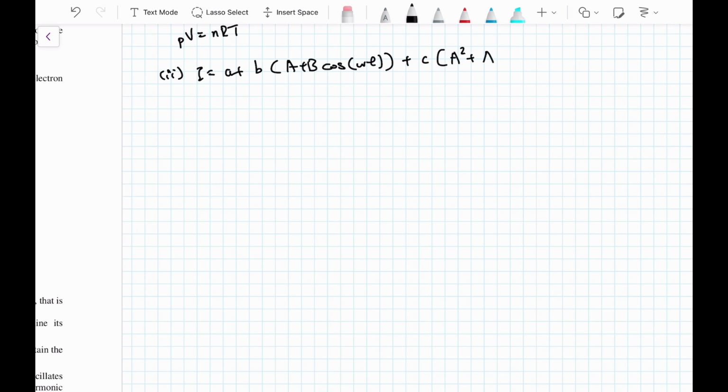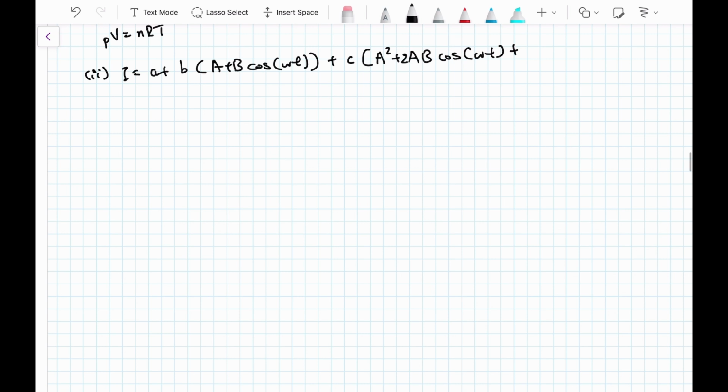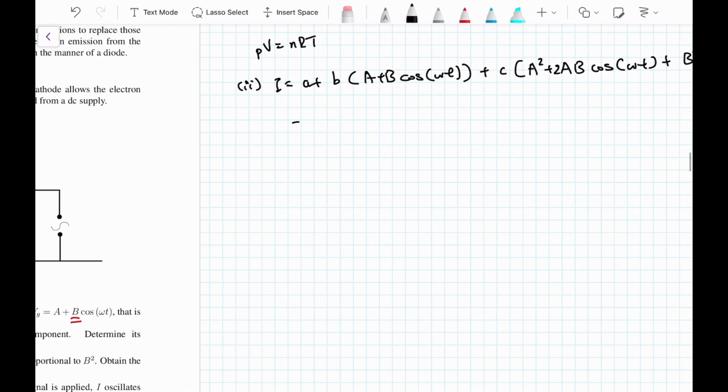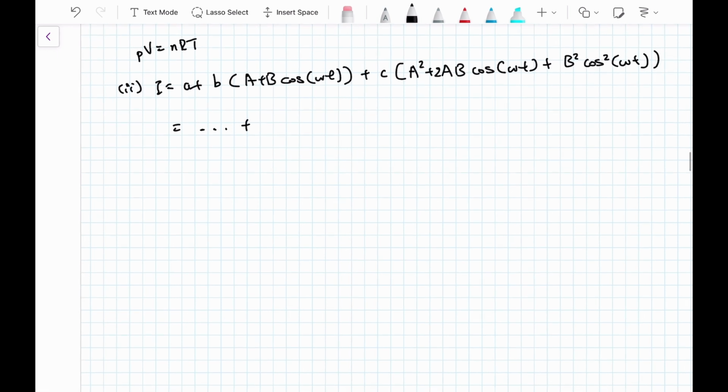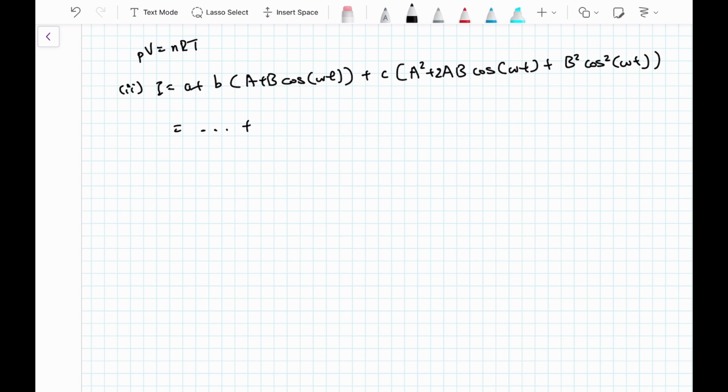So Vg squared will be A squared plus 2AB cosine omega t, and then plus B squared cosine squared omega t. If we expand this, I don't think I need to expand the previous one, so essentially I can say dot dot dot and then plus 2 B squared cosine squared omega t.